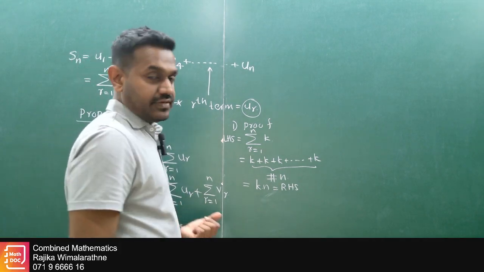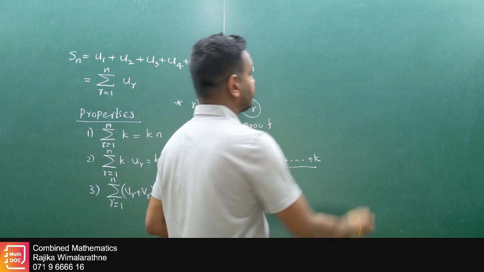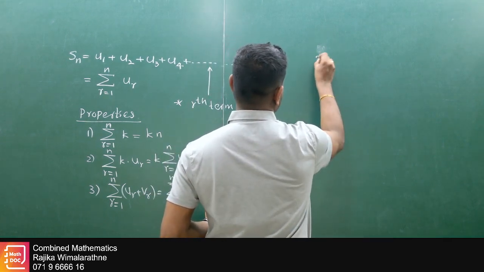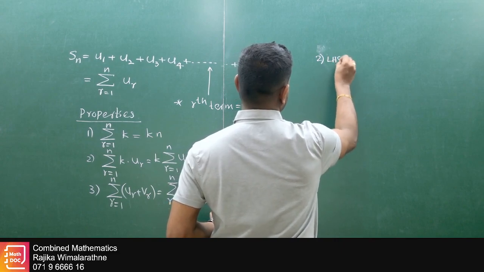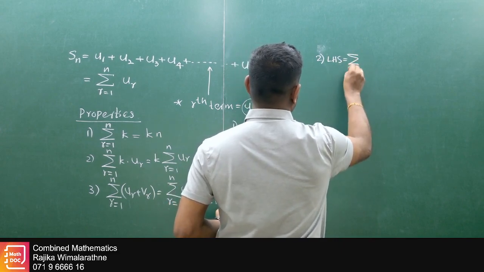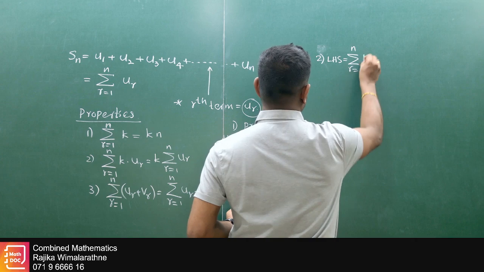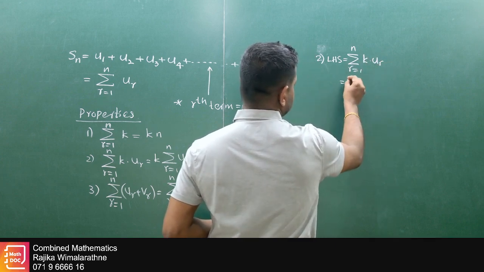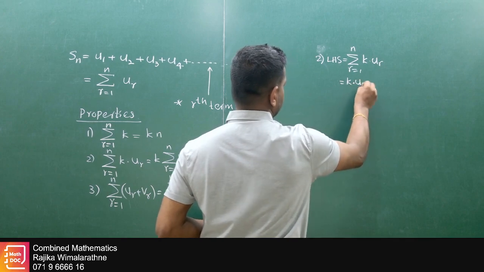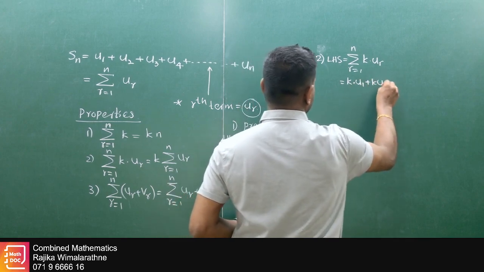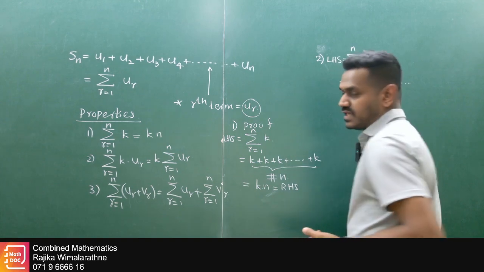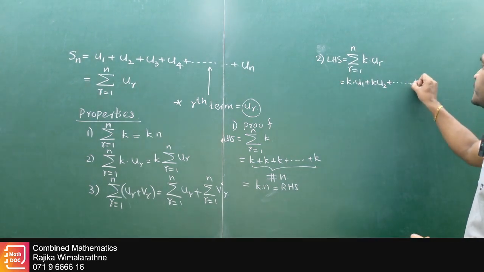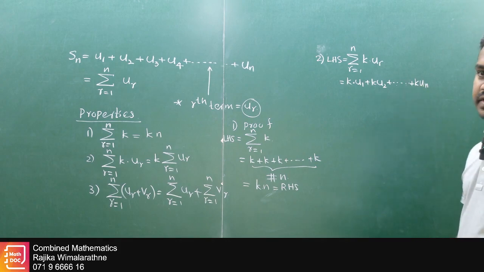Now let's move to the second relation. Take the left hand side, sigma r equal 1 to n of k times ur. Here you write a series: k times u1, k times u2, and it goes like that up to k times un. You need to put at least three dots here because we have a pattern.